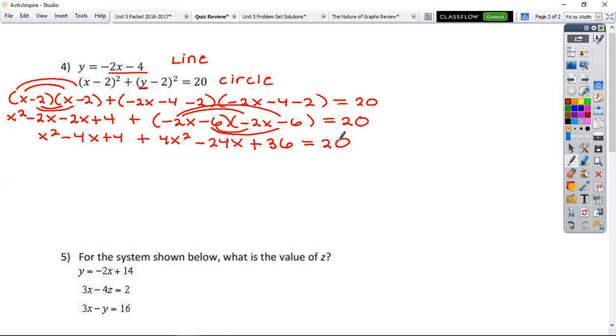Combine like terms on the left-hand side. So I have x squared plus 4x squared, which is 5x squared. Negative 4x minus a negative 24x would be a 20x, and then plus 40 equal to 20.